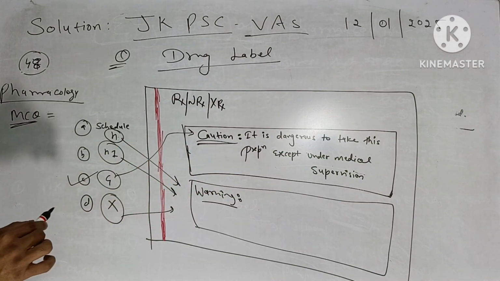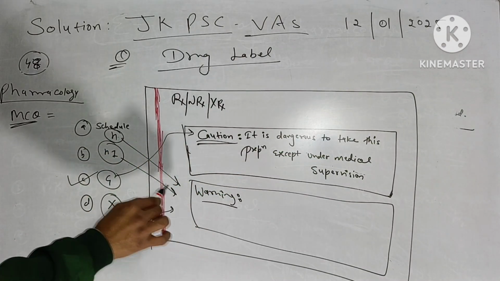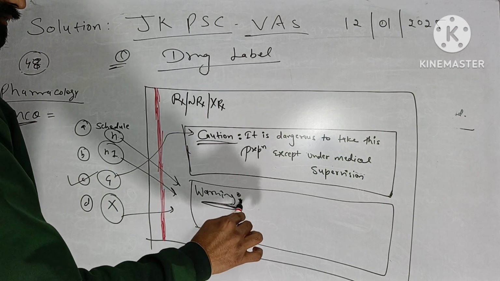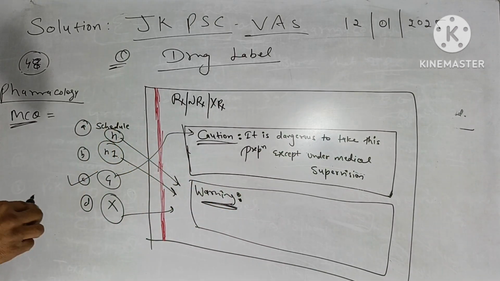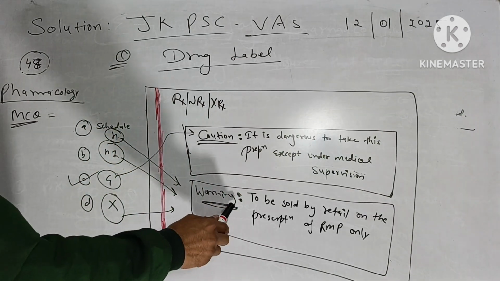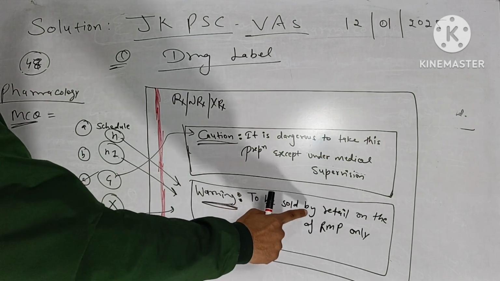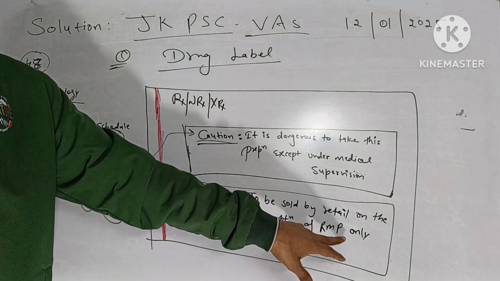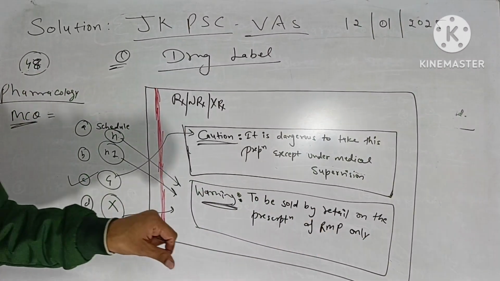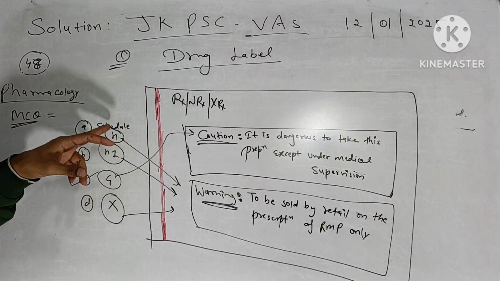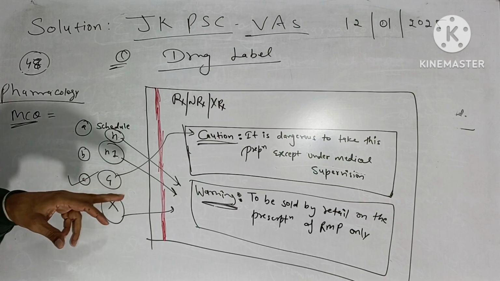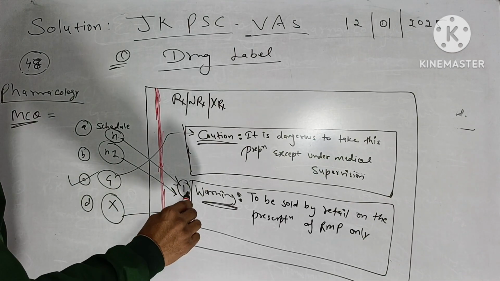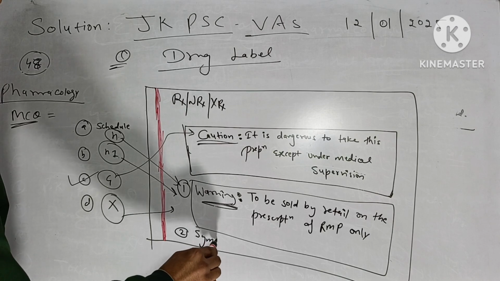In case of H, H1, X, the warning is: to be sold by retail on the prescription of a registered medical practitioner only. So if the drug belongs to schedule H, H1 or X, the first condition is the warning. Second is the symbol.